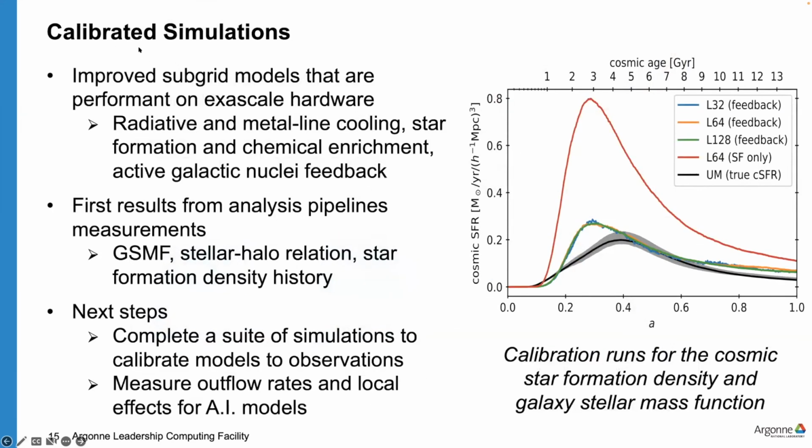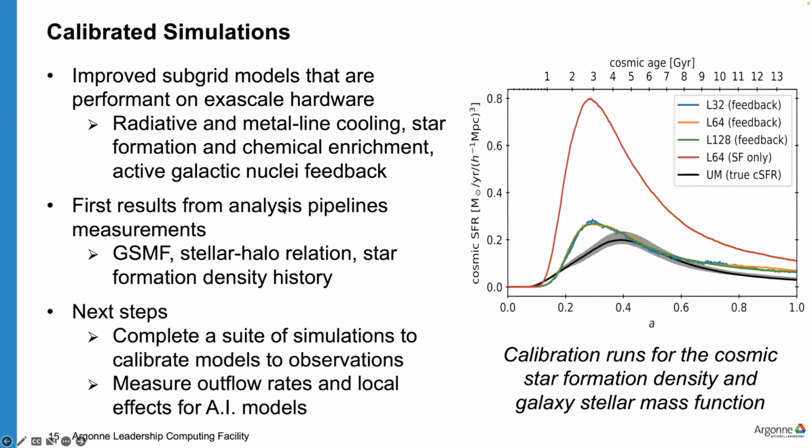Some of the work that we're trying to do is calibrate simulations, improve subgrid models, and make sure they're performant on the exascale hardware. Subgrid models affect that whole computational workflow.